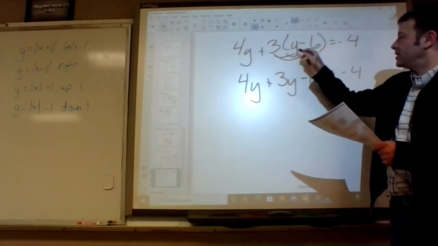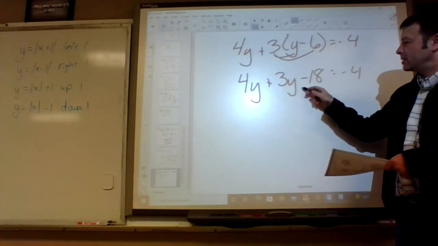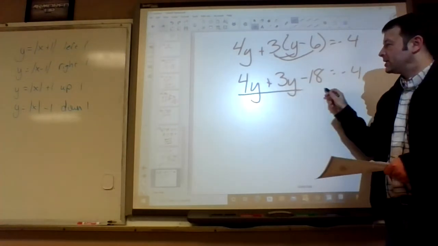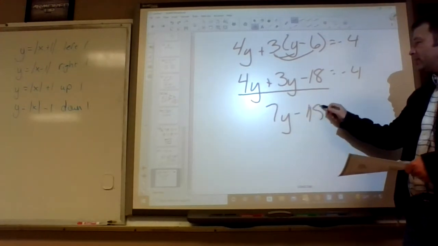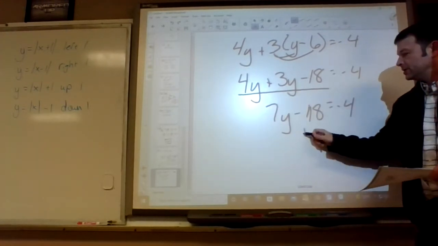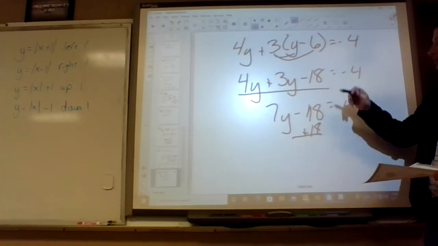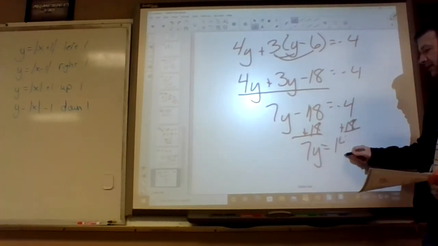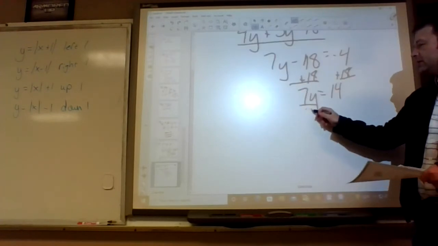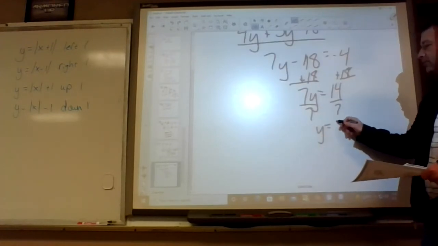So 3 times y, 3 times 6, right there. Right, 7y, those go together, simplify that. Now we're down to a normal, like, algebra 1 problem. The whole thing is kind of algebra 1, but 7y plus 14. So, she got y equals 2.